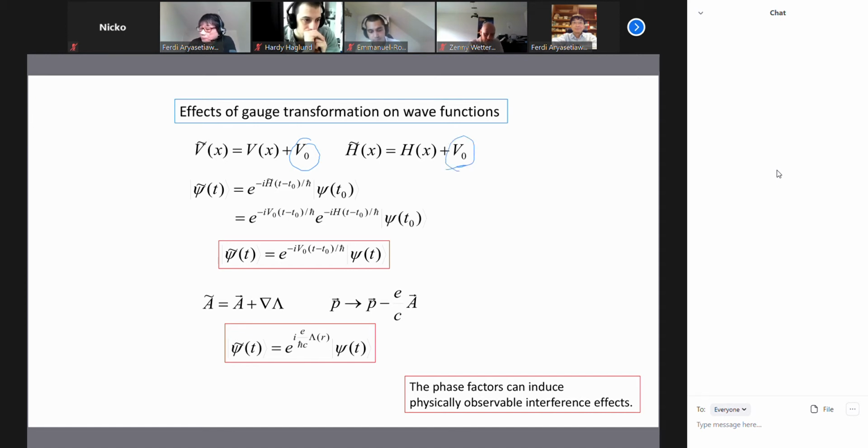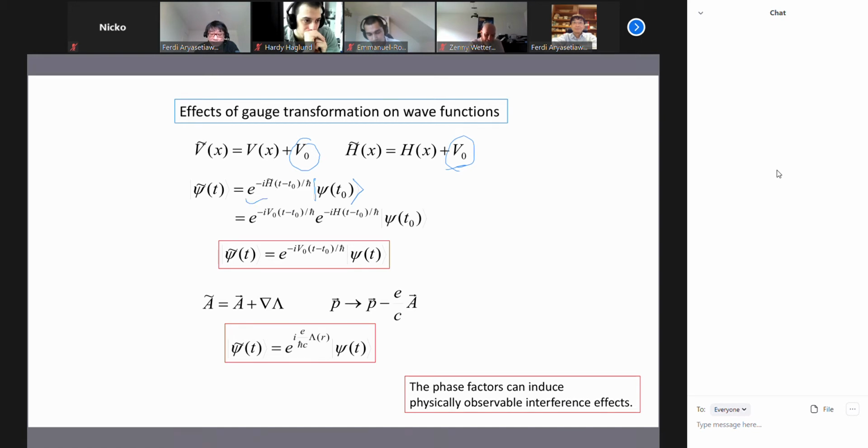And let's have a look at the evolution of a state. Let's say that at time t equal to 0, we have the state given by psi at t0, and we look at the evolution of the state under the gauge transformation. So we evolve the state using H tilde.